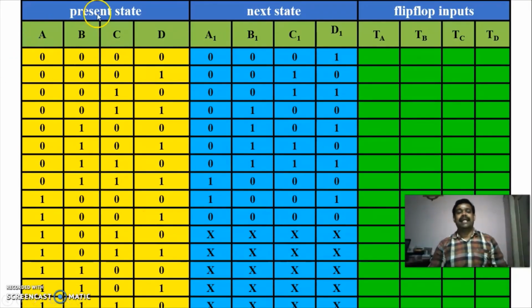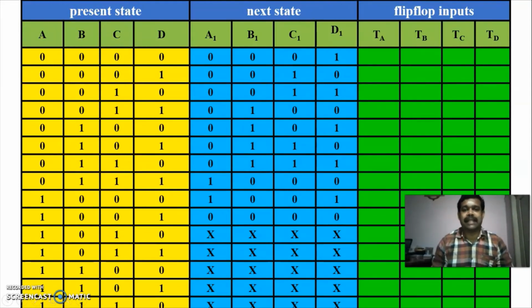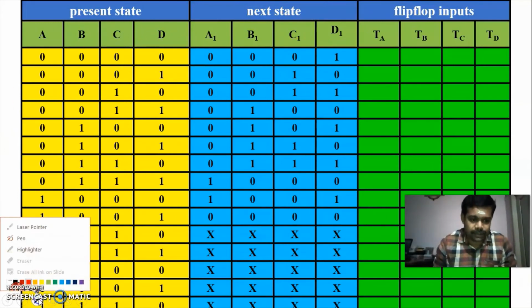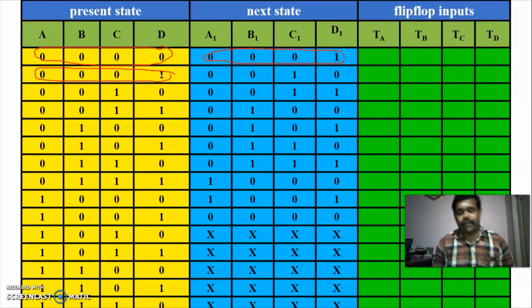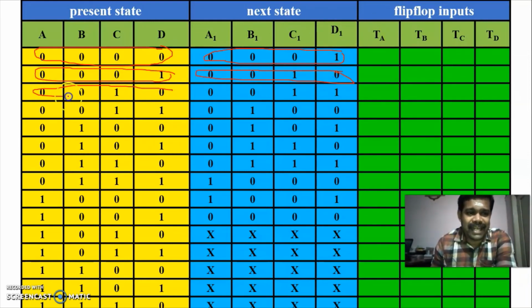From the state diagram we have to fill the present state and next state. If 0 is a present state, then next state is 1. If 1 is a present state, the next state is 2. If 2 is a present state, next state is 3.